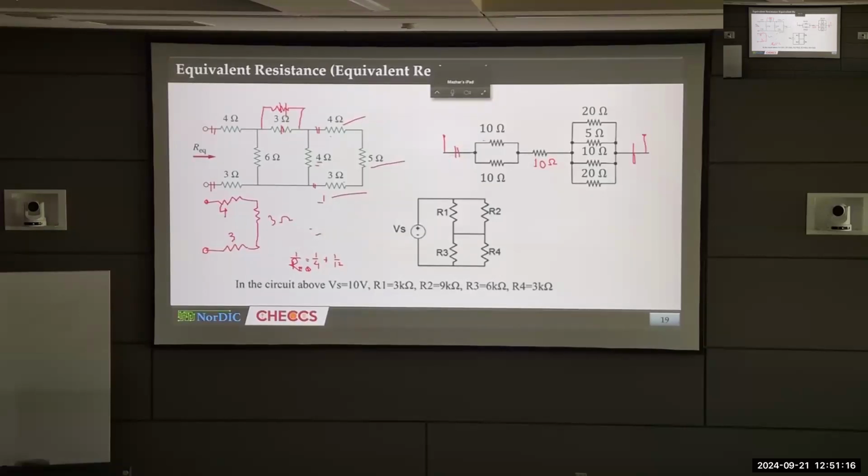And one thing I must tell you, there is a very useful shortcut. You can either keep it in mind or ignore it. For example, what's the equivalent resistance of these two terminals? 5. Always remember, you have two resistances, each of the same value, 10. Just divide by 2: 10 by 2 is 5.